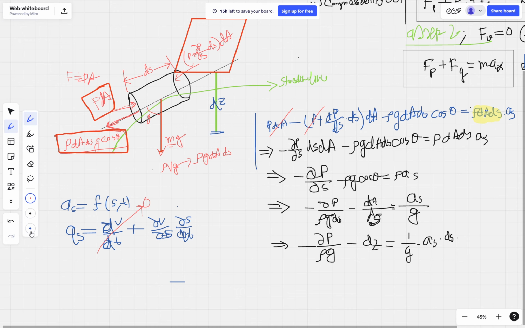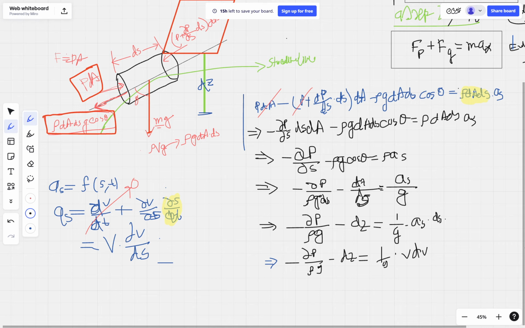Then for this part we're gonna get v multiplied by dv by ds. So moving forward, we get del p by rho g minus dz equals 1 by g multiplied by v dv.